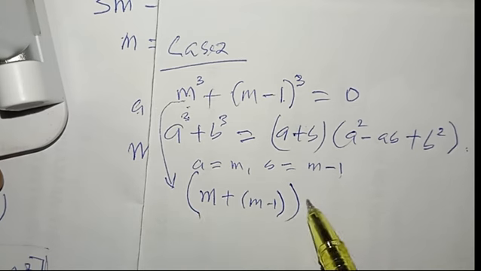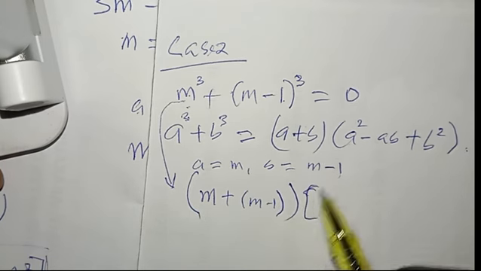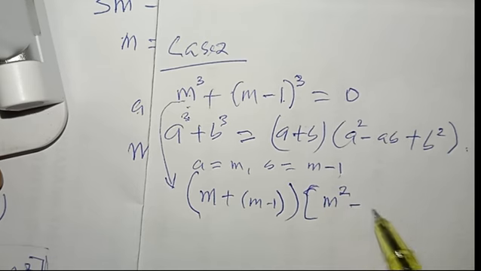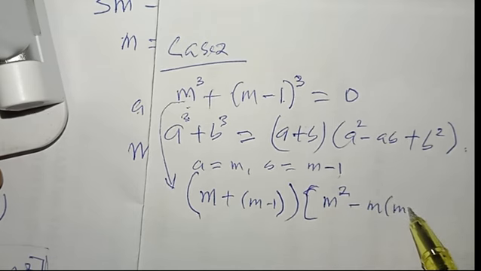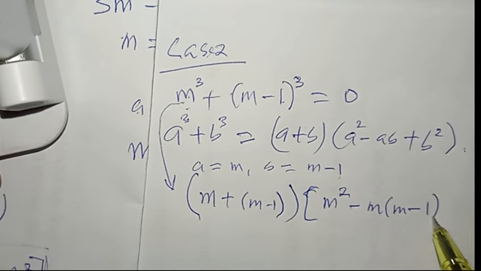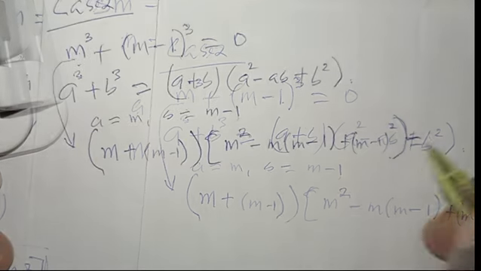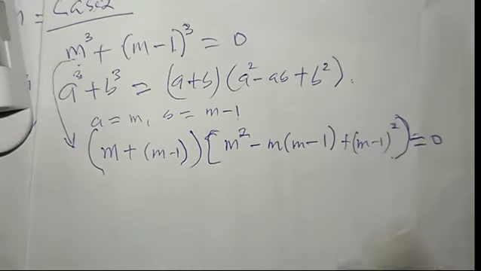Okay, and then the second bracket, a squared, that is m squared, minus m into m minus 1, and then plus m minus 1 all squared, is equal to 0.